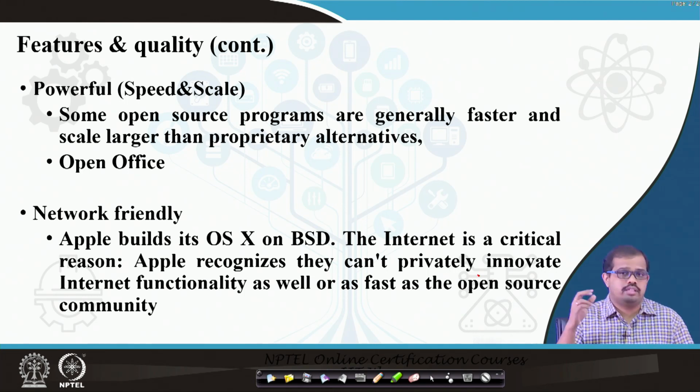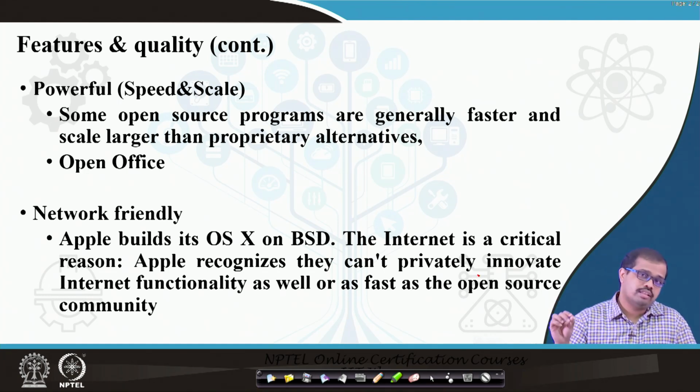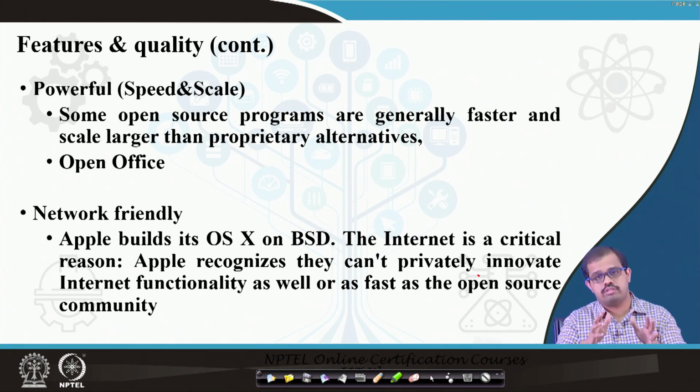And most importantly, it is network friendly. Most of this open source software is network friendly. Apple built its OS X on BSD, and the internet was a critical reason. Apple recognized that it can't privately innovate internet functionality as fast as the open source community. That is why it released it as an open source development tool.